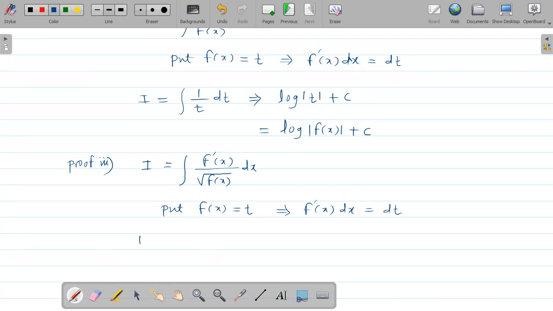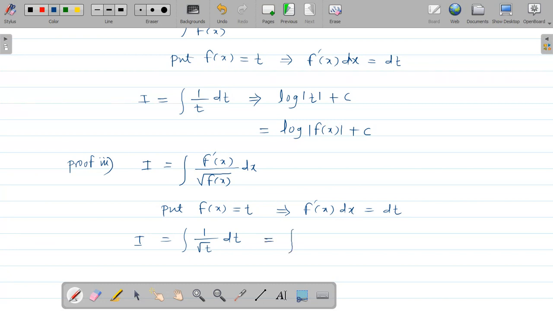By substituting this, the integration becomes 1 upon root t dt. Now how will you get the integration of 1 upon root t?